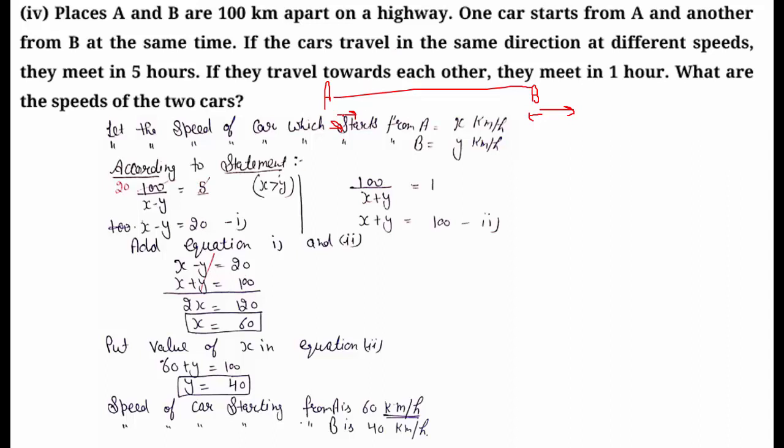And one thing you can do: if you do not want to solve this question with the relative speed concept, you can also do it with another concept. First we will discuss this concept. In the relative speed concept, if two bodies are traveling in the same direction, their speeds get subtracted.